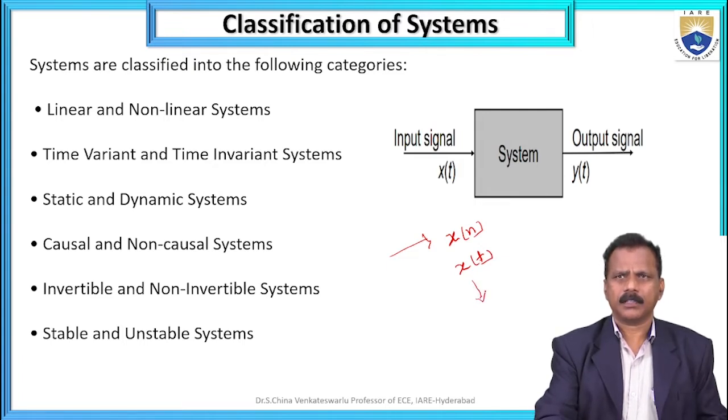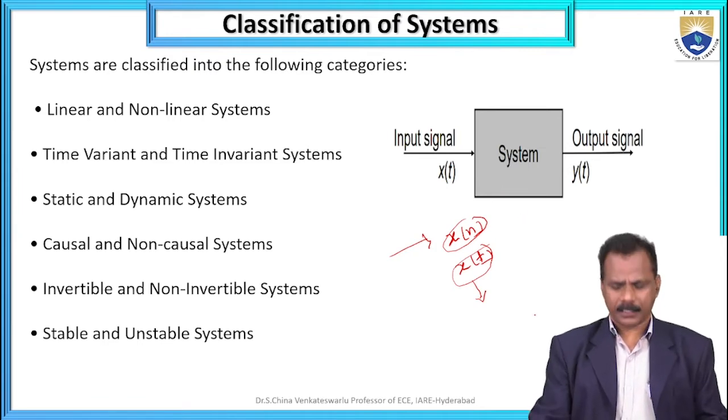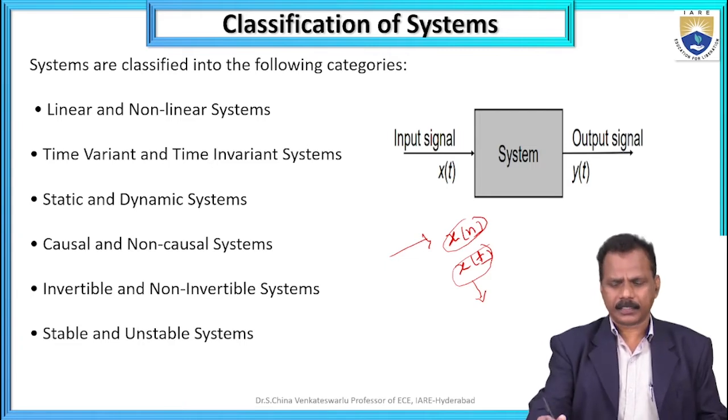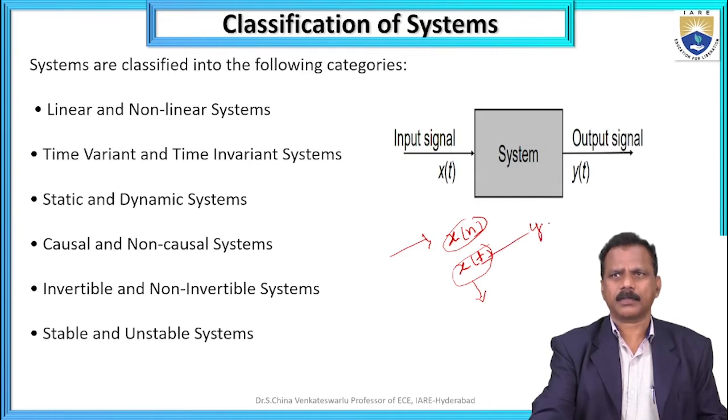This is the input signal. With reference to the input signal, it is fed to the system and the system will respond. We expect the system response to be y of t. If x of t is the input, we expect the output response to be y of t.